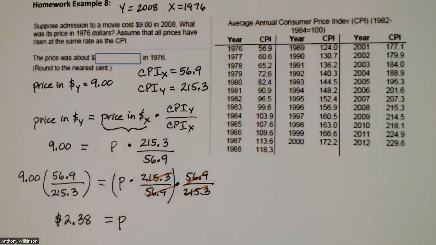So back in 1976, the price of admission to a movie cost approximately $2.38. Okay.